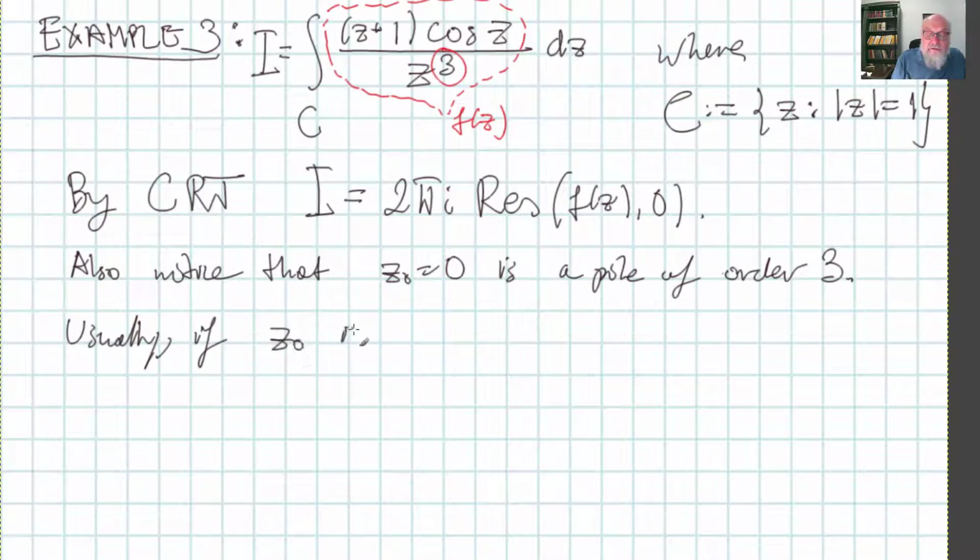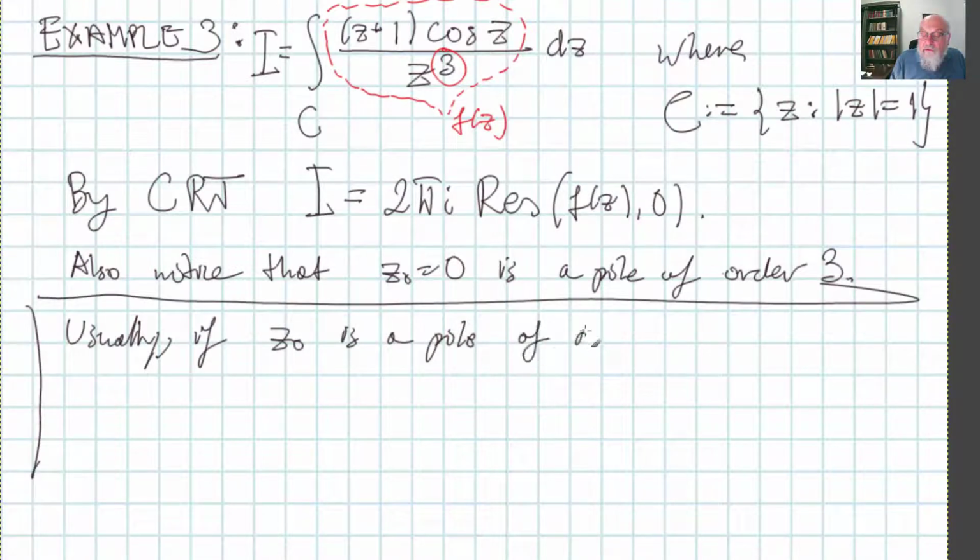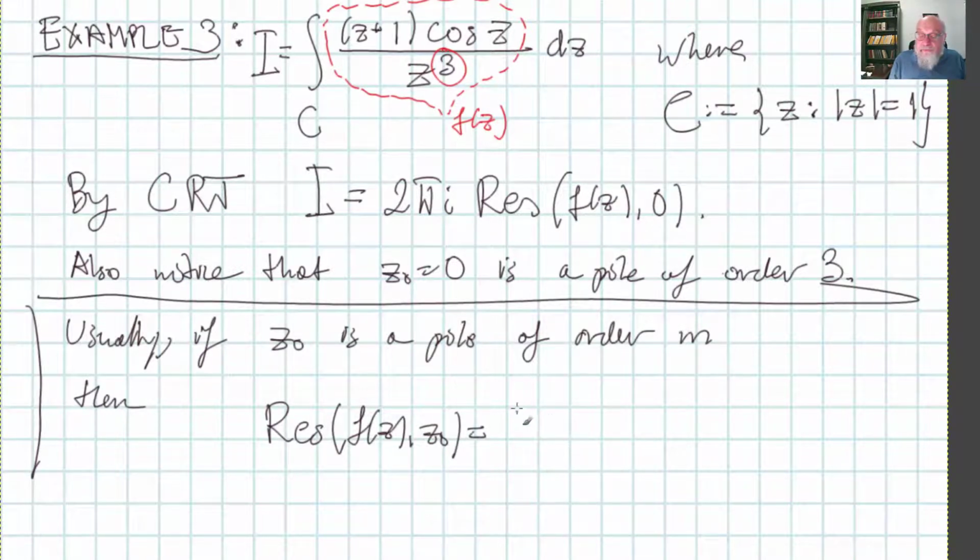If z0 is a pole, write it down like a remark, a pole of order m, then this residue would be computed using the formula: 1 over (m minus 1) factorial, times the (m minus 1)th derivative d^(m-1)/dz^(m-1).